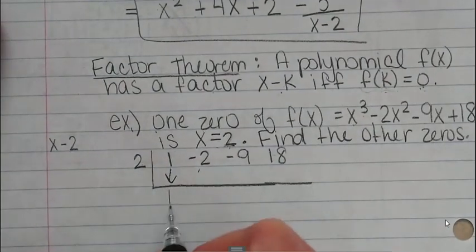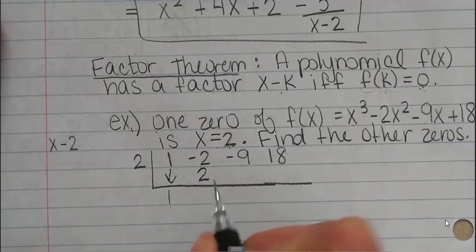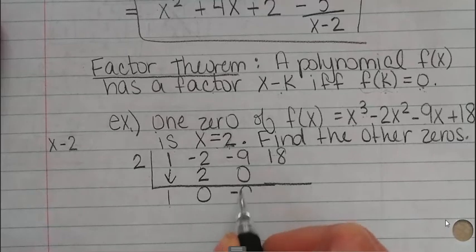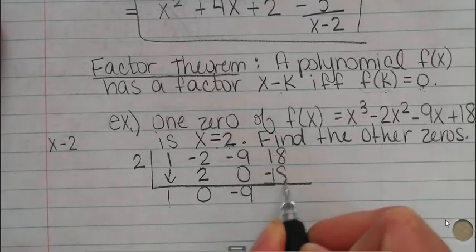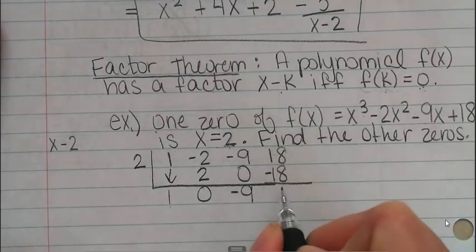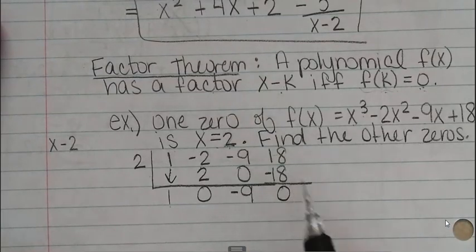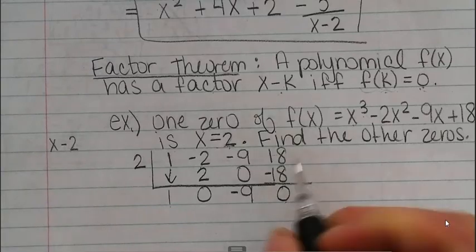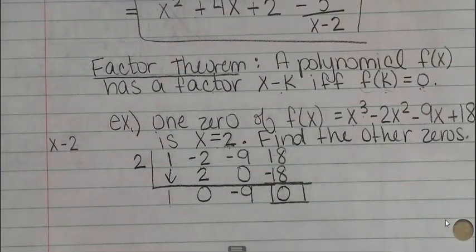Okay, so going back to this. 2 times 1 is 2. Add those, I get 0. Multiply, I get 0. That's -9. This is -18. Add those together, I get 0. So you see how my remainder is 0. Okay? So right here, this is important.